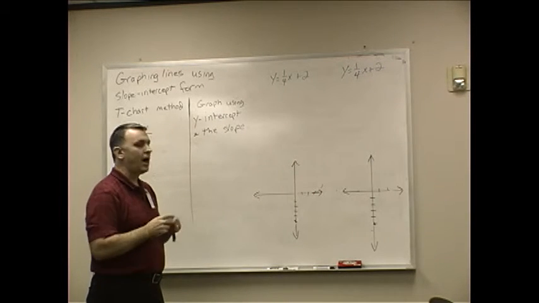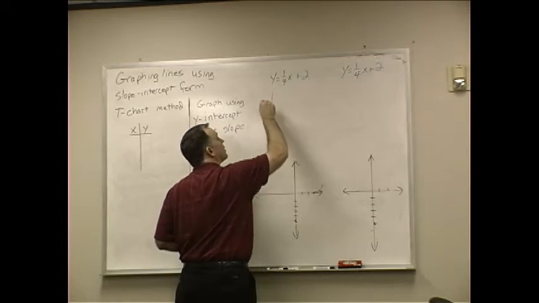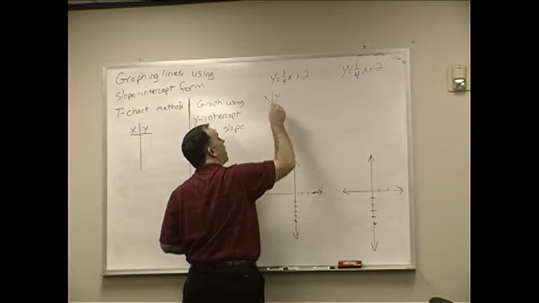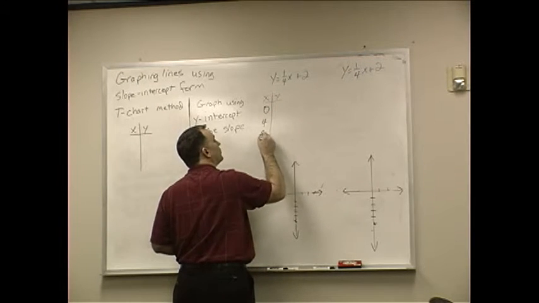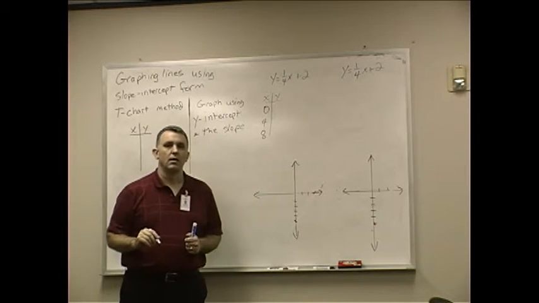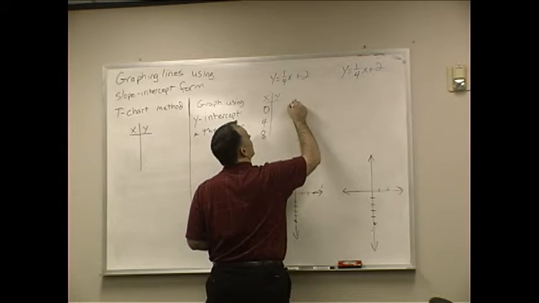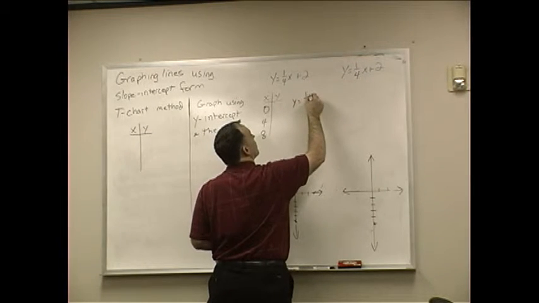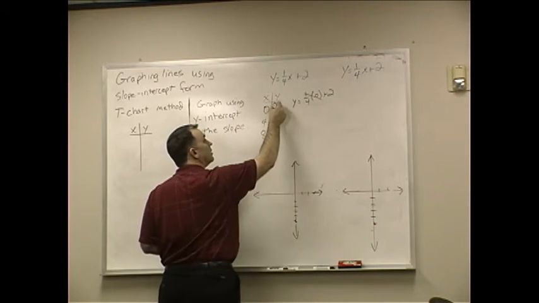Now look at how ugly this is going to be with a T-chart. With a T-chart, I'm going to have my x and my y. Because that's a 4, I've got to do multiples of 4: 0, 4, 8. And I'm going to have to calculate that. So y equals 1/4 times 0 plus 2. Well, that's the easy one.